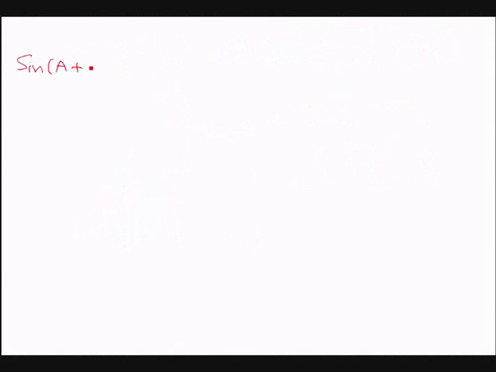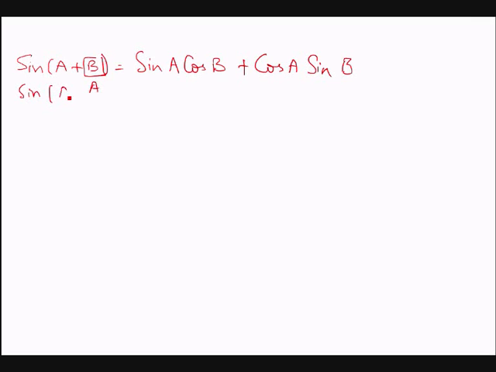We have seen some formulas which deal with addition and subtraction of two angles. In those formulas we found sin(A plus B) is equal to sin A cos B plus cos A sin B. Now we are going to deduce more formulas using this. In the place of B, let me write A, which means I am going to use sin(A plus A), which is sin A cos A again.